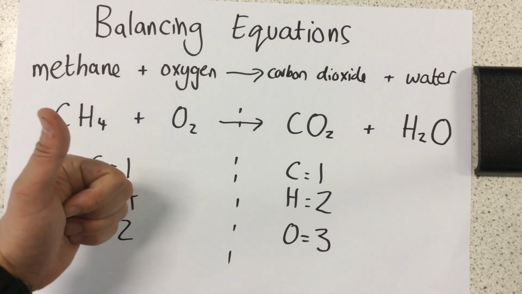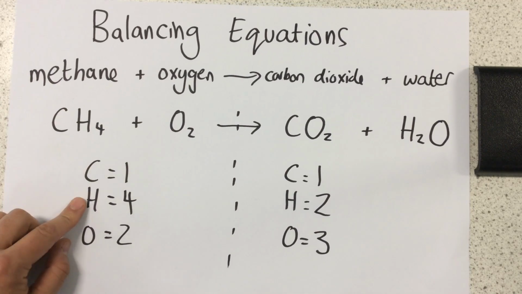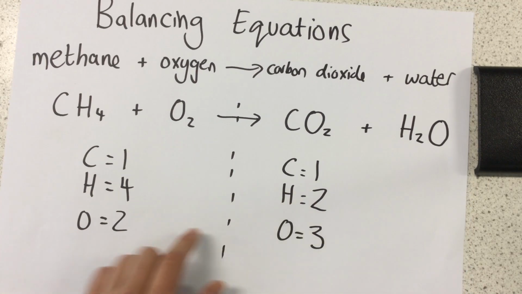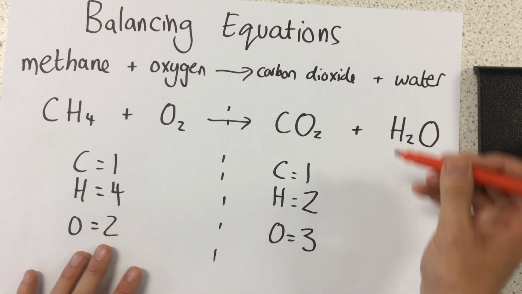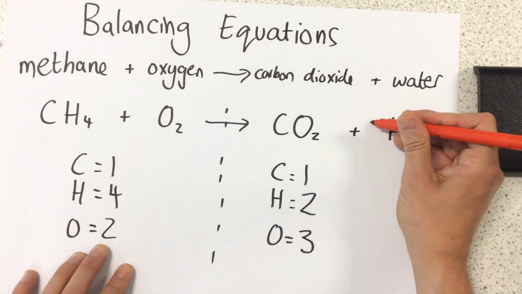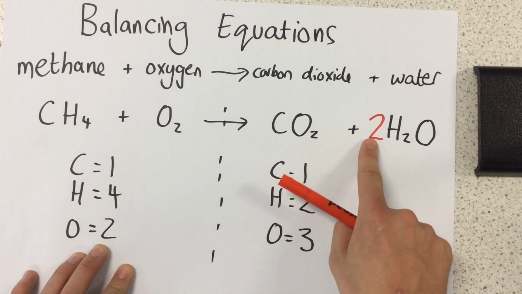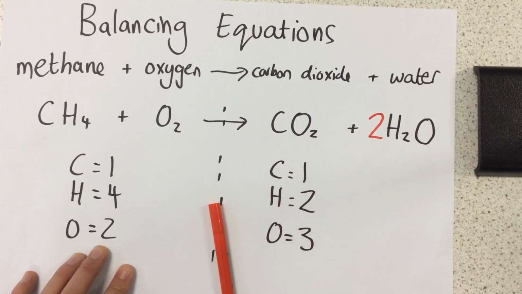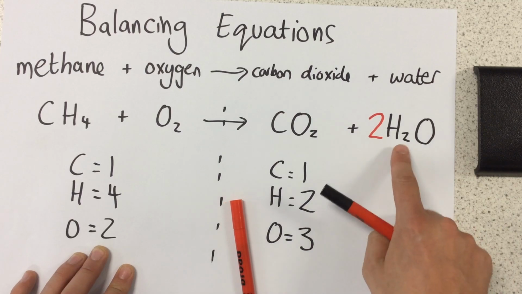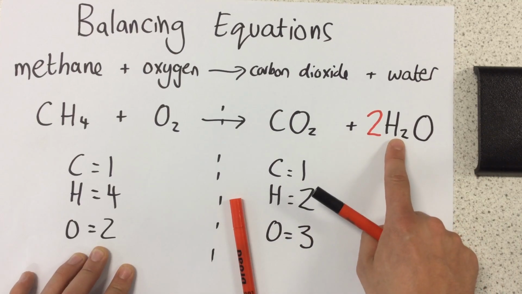First of all, my carbons, they're balanced, so I'm going to leave them for now. Next up, my hydrogens. Now they're not balanced. So what I'm going to do is put a number in front of this H2O, a 2. So what I'm now saying is I've got 2 lots of H2O molecules. So now what I need to do is update this to see how many hydrogens I have in total.